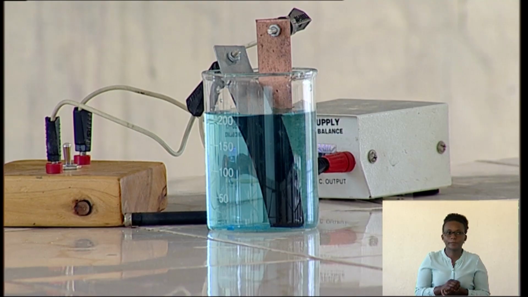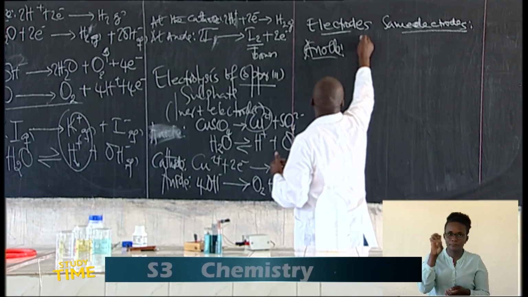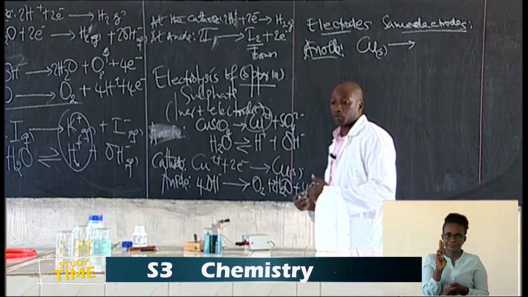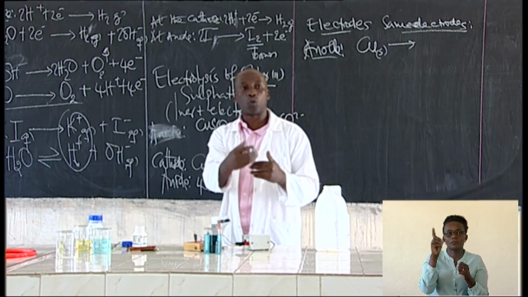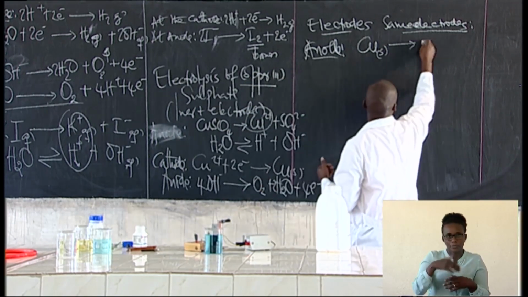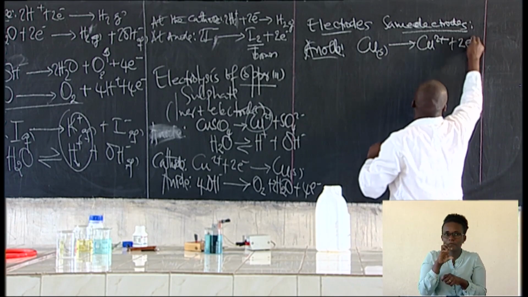So here we have the anode reaction. At the anode, we expect the copper, which is the metal. After some time, if we had time, we would weigh from the beginning and then weigh again. So we expect the anode to reduce in size.